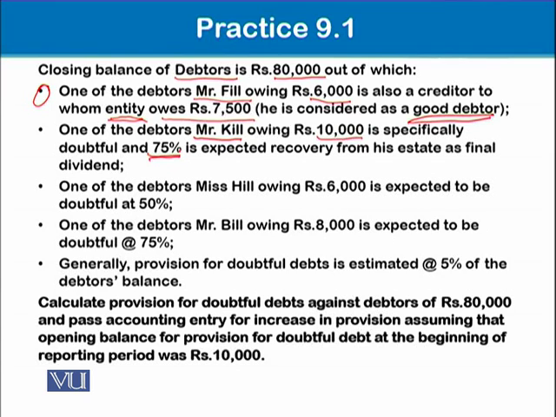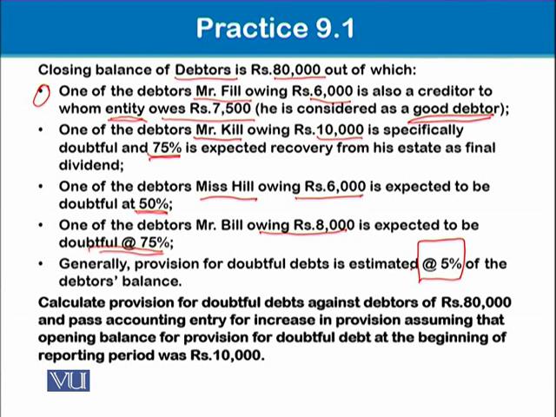One of the debtors, Miss Hill, owing 6,000, is expected to be doubtful at 50%. We are expecting that 50% can be recovered. And one of the debtors, Mr. Bill, owing 8,000, is expected to be doubtful at 75%. Okay. So general provision for doubtful debt is estimated at 5%. This is based on our experience.